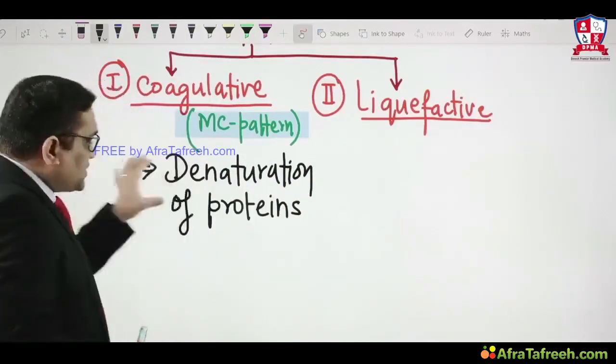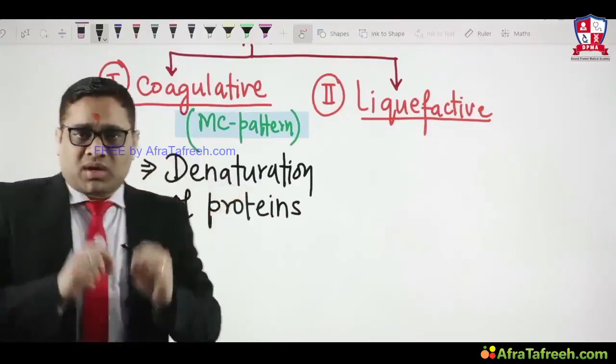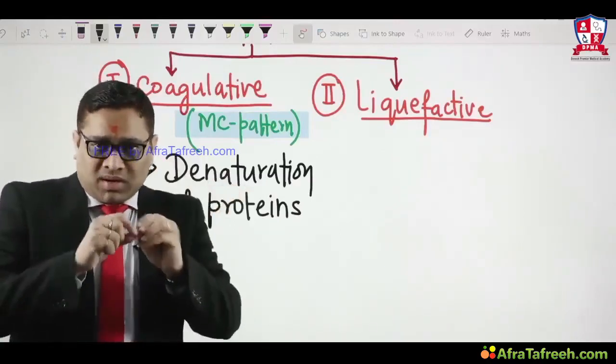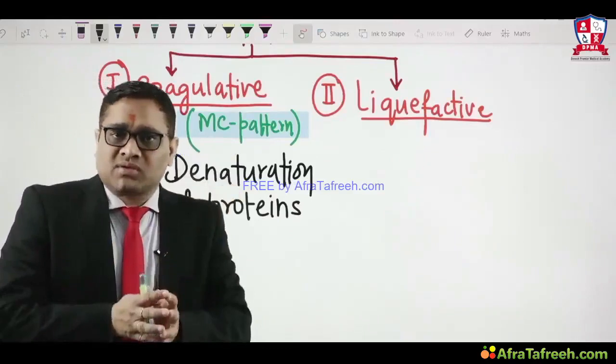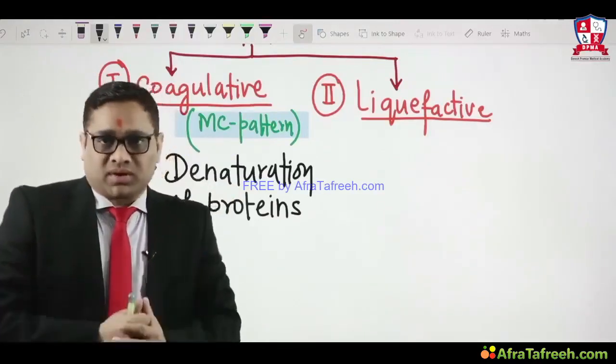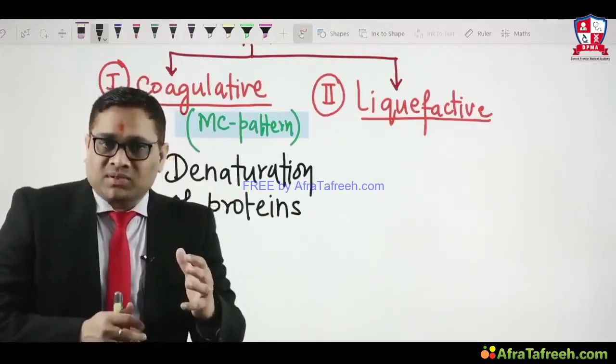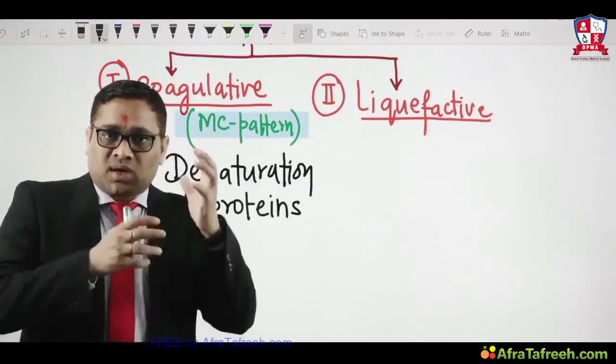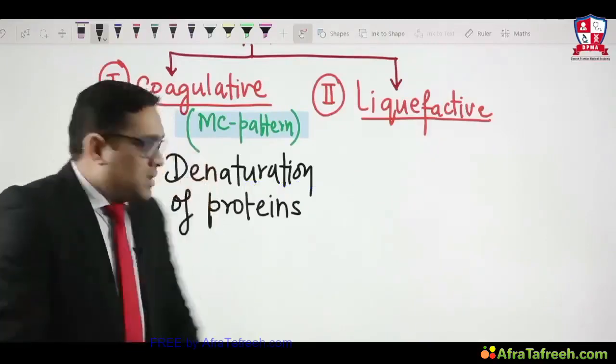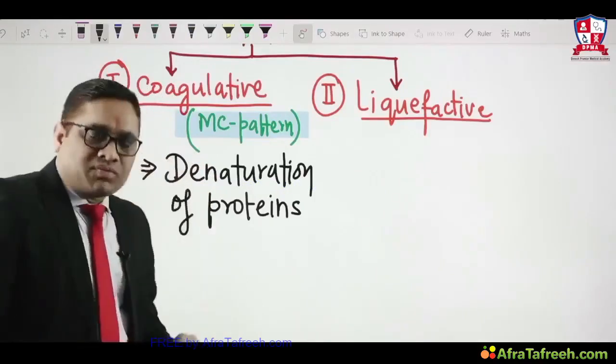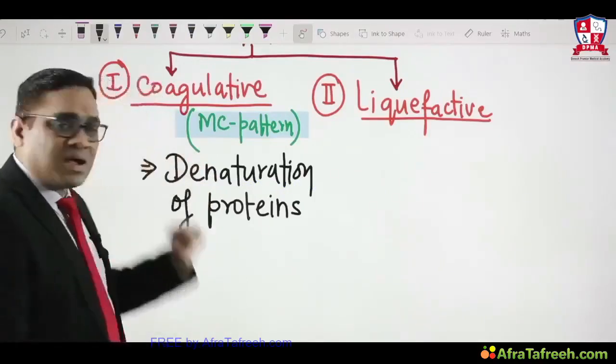Only the protein will be denatured, but the overall tissue architecture will be preserved. That is very important to understand. In the beginning phase of necrosis, tissue architecture is usually intact. That is because of denaturation of the protein, and this is called coagulative necrosis.